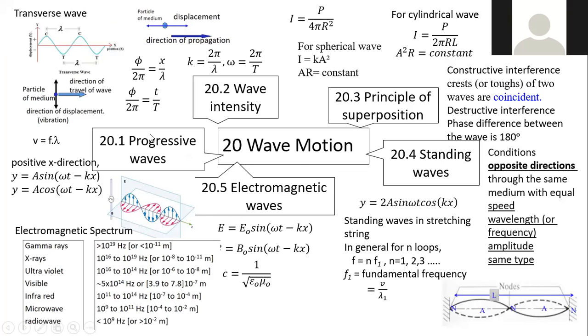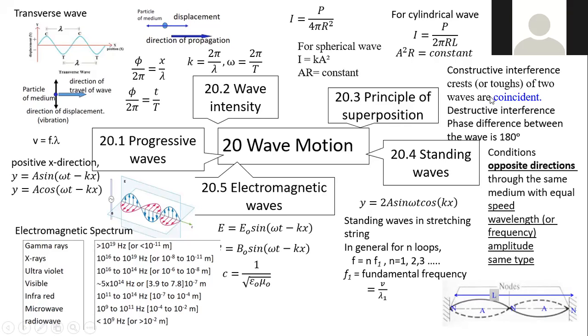These are the things you need to remember. Transverse wave, longitudinal wave, the equation of the wave. This relationship you must know. The only way to remember this is to try the question and keep on doing it until you force it into your head. Then intensity has two formulas. Cylindrical wave, not necessary. It's in your book.